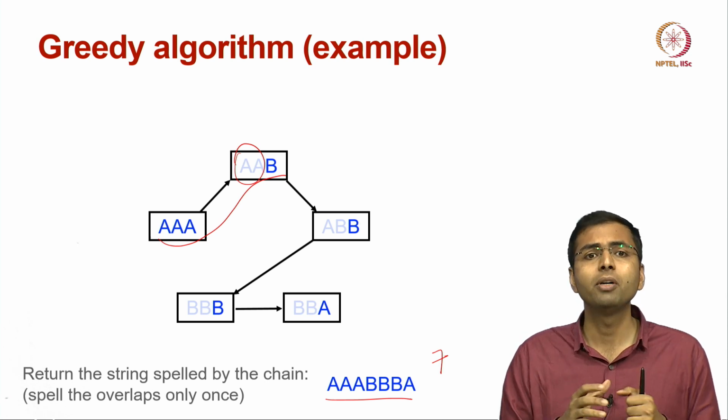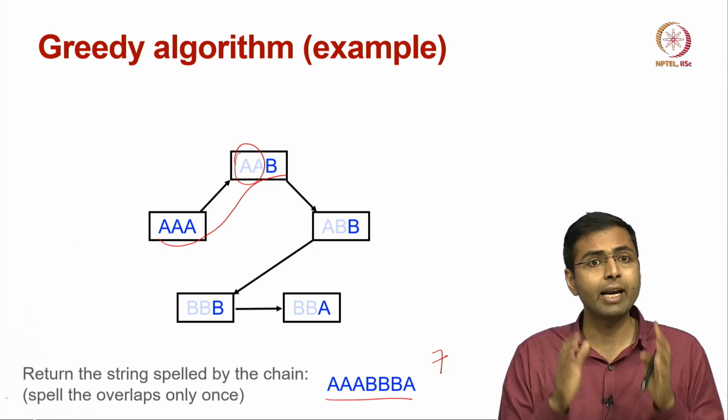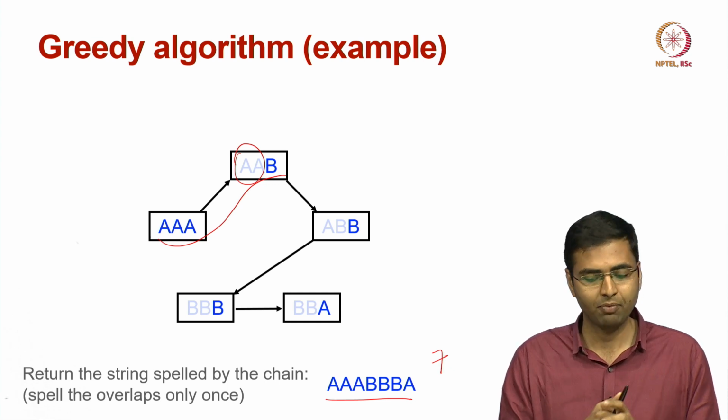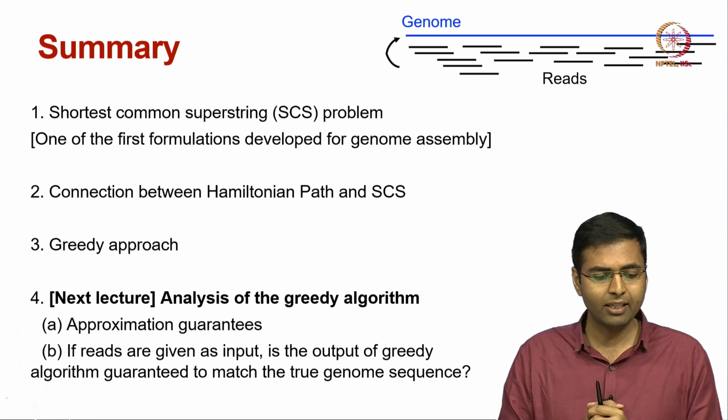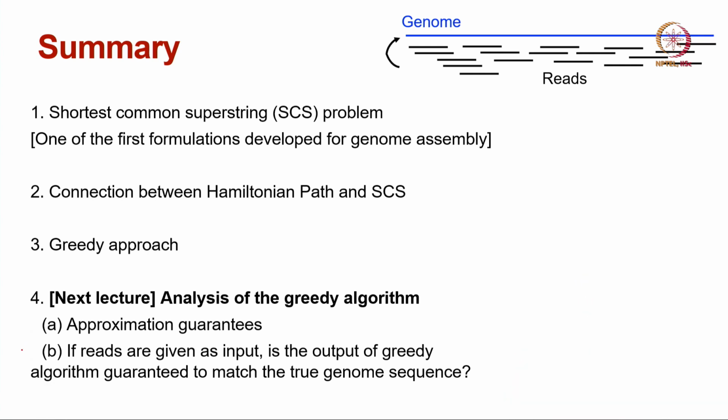So, in the next lecture we are going to analyze this greedy algorithm in more detail. We will look at the approximation guarantees, that is, maybe the greedy algorithm that we discussed offers some approximation guarantees for the shortest common superstring problem.